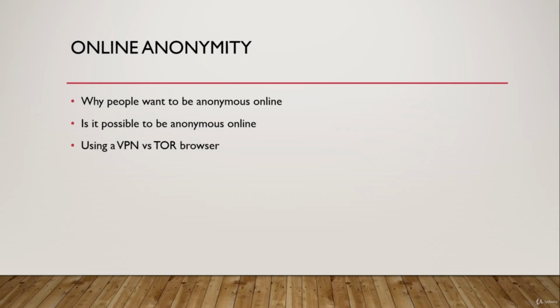Tor is a bit slower because Tor depends on volunteers to relay your traffic. Let's say you are going to Google, you need people to relay you to Google. So they depend on volunteers. But VPN companies have servers all over the world, and that's why they are much faster.